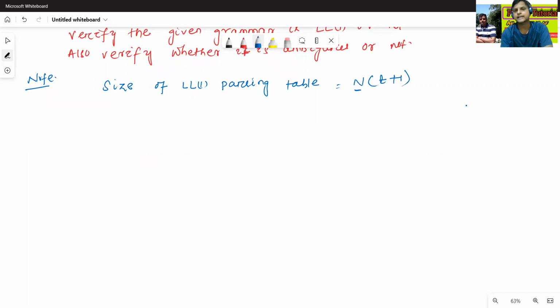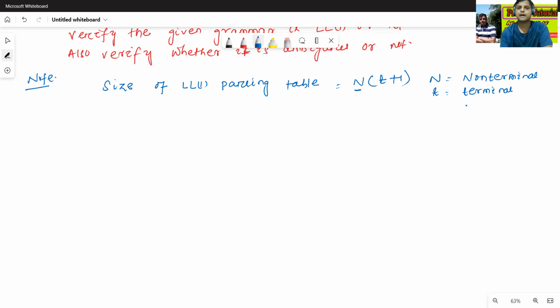Here N is the number of non-terminals, and T means terminals.